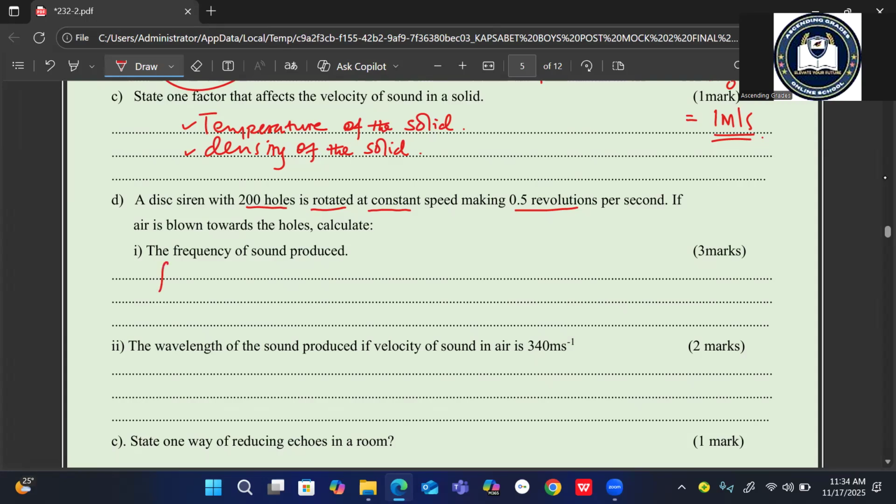In this case, the frequency will be given by the number of holes times the number of revolutions. And this will be 200 times 0.5. So you're going to get 100 hertz.